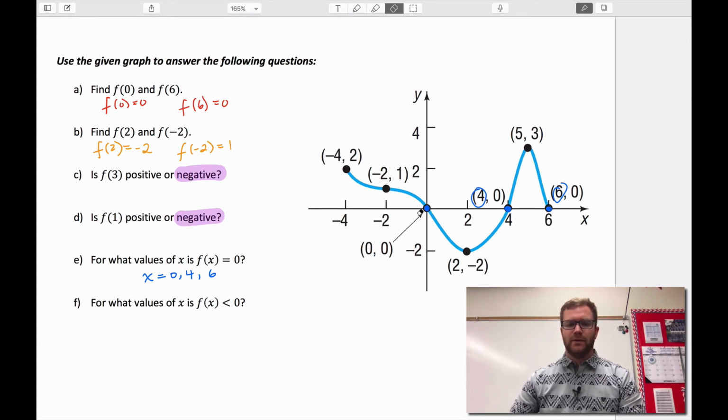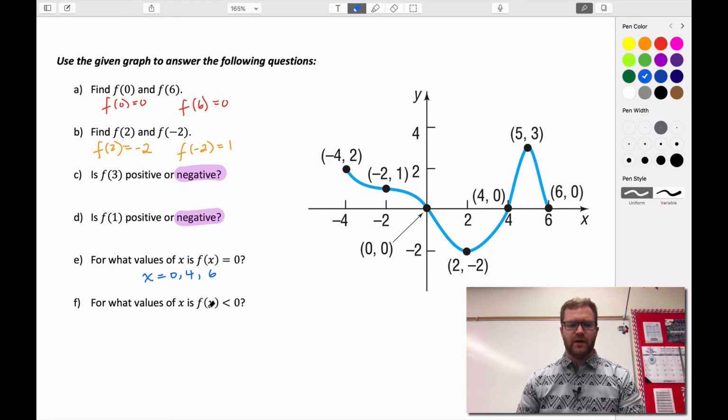And then lastly, we want to know, for what values of x is our graph less than or equal to 0? Well, what does this mean? It's asking us, where is our graph negative? And we know that our graph is negative when the values are below the x-axis.